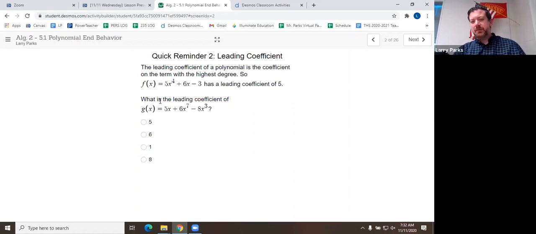Now, it's very tempting to jump here and say, okay, 5 is leading coefficient, but that's not true. You have to look at the term with the highest degree. The highest degree is 7, so the leading coefficient is 6. So that's what we're going to use mostly today. What is the degree? What is the leading coefficient? And that's all we really need to know for today.